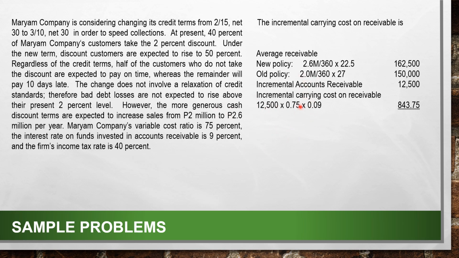Because we need to get the cost of those receivables, not the selling price, okay? So 12,500 times 75% times 9%. So we have an incremental carrying cost of 843.75, or you can round that off to 844.